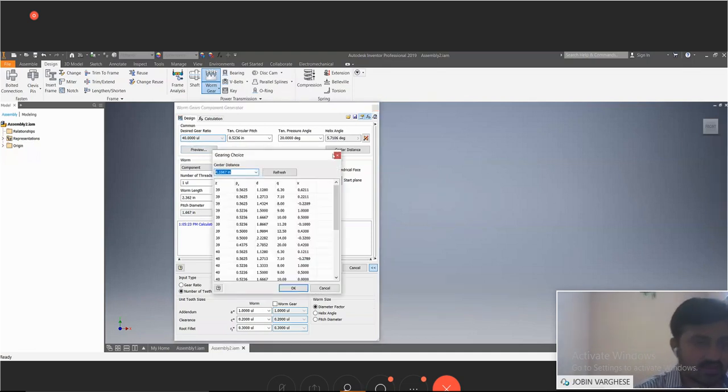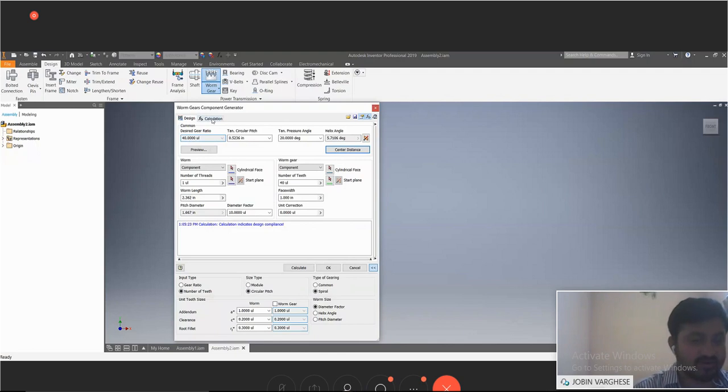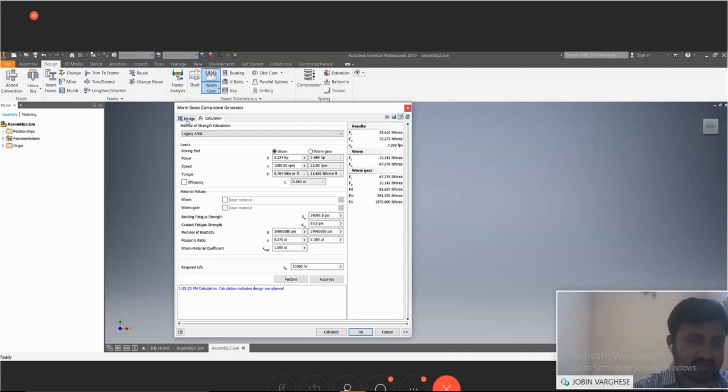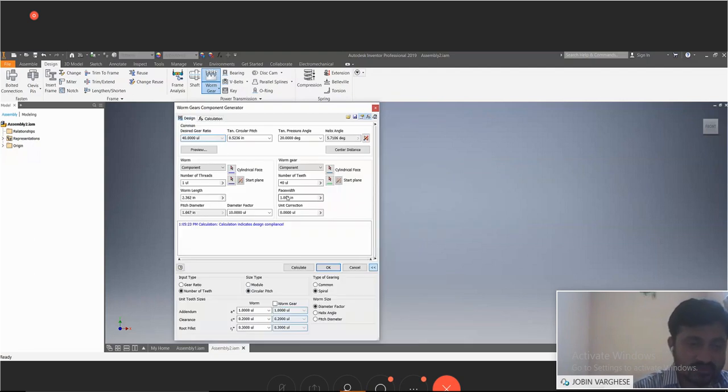Remember that the exact calculations we have done already may not be obtained from here, because this considers a practical way of doing these things. We are calculating addendum clearance, root fillets, and lubrication if required. All things are calculated, materials and Poisson's ratio, worm material coefficient, and finally we are designing this exact gear.